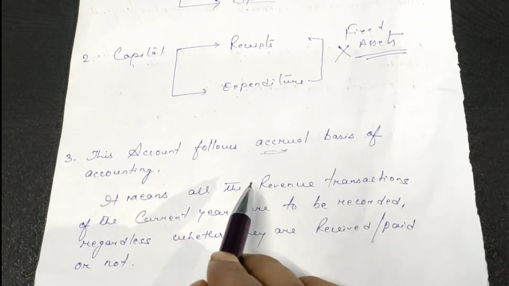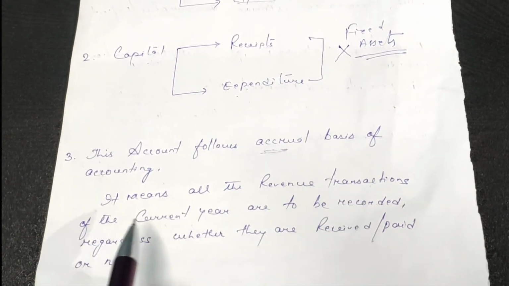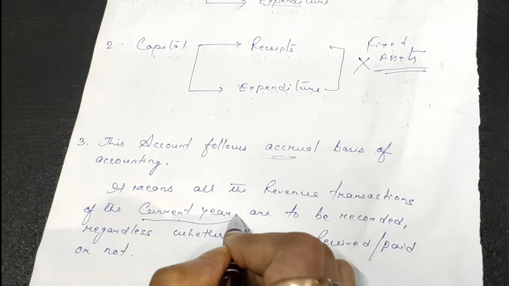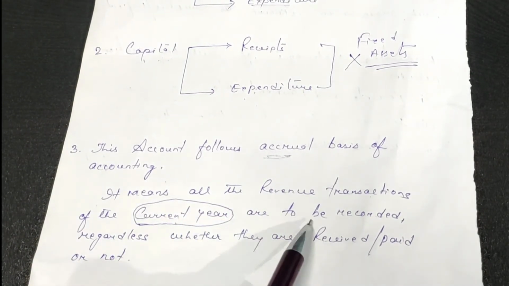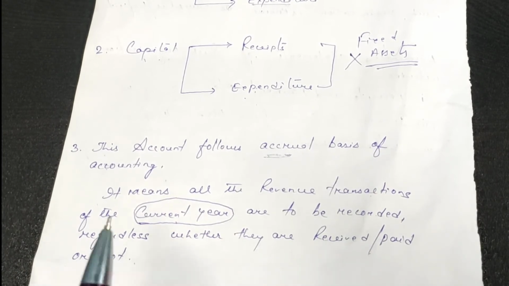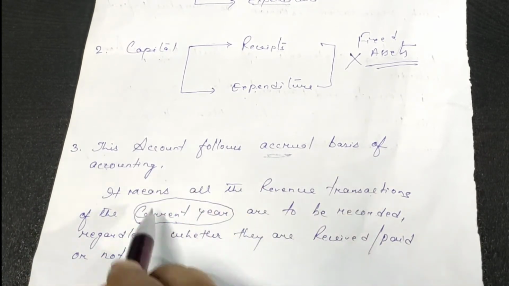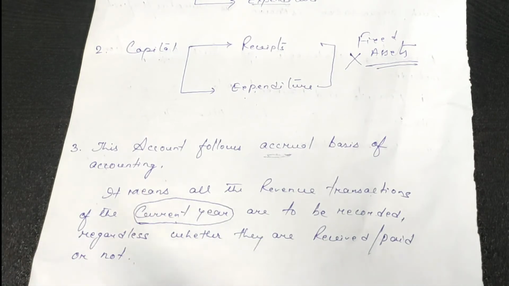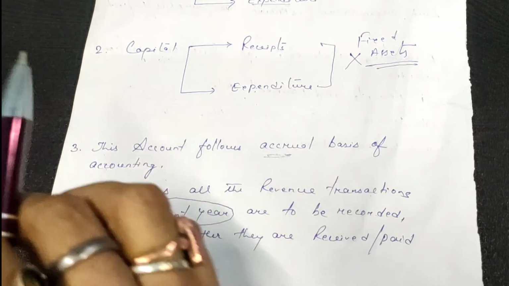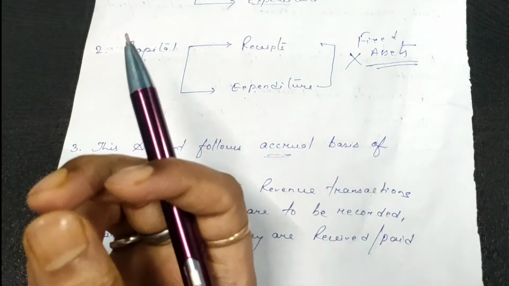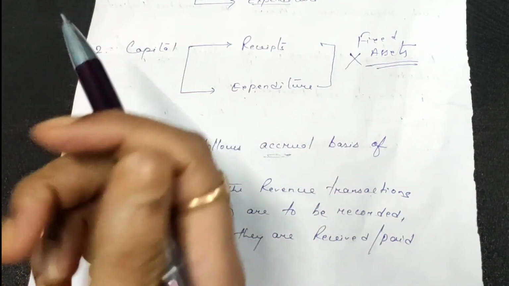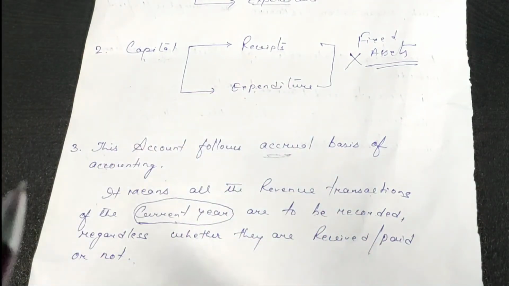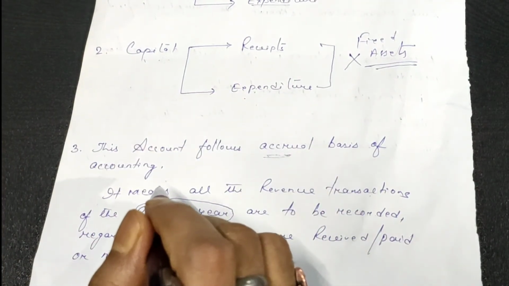It means that all the revenue transactions of the current year, mark this word very carefully, current year, only current year, are to be recorded regardless of whether they are received, paid or not.